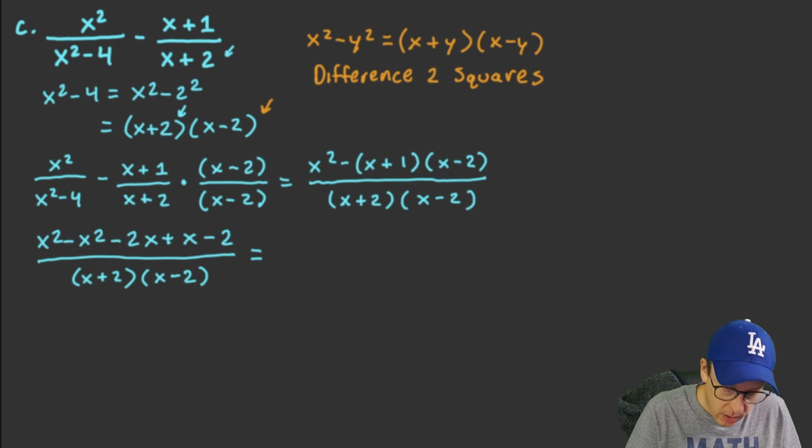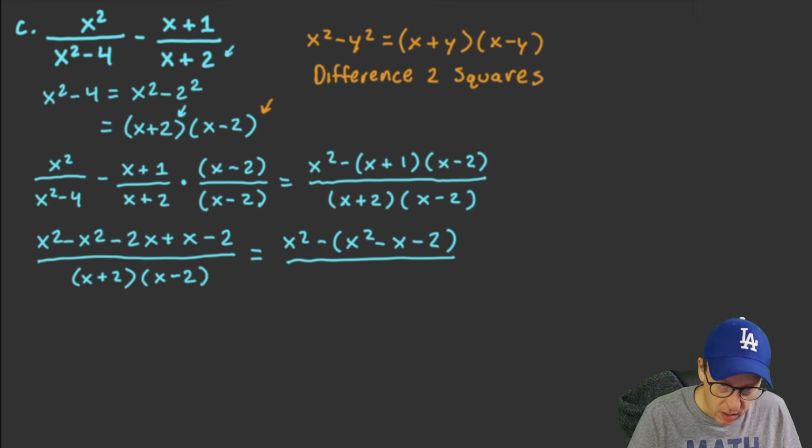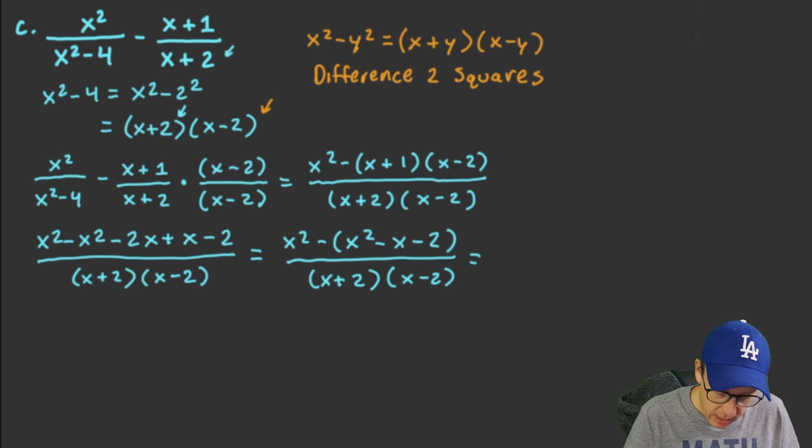equal to x squared minus x minus 2, and again x plus 2 and x minus 2, and this is going to end up being equal to x squared minus x squared plus x plus 2.